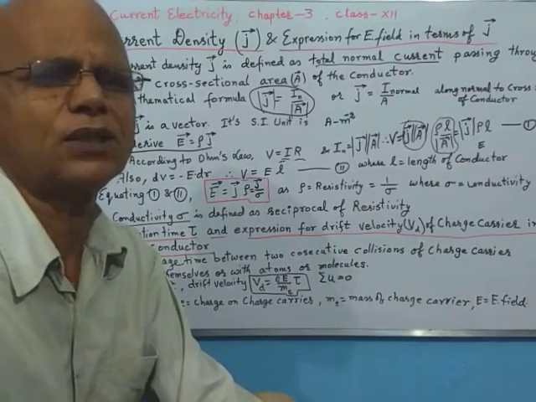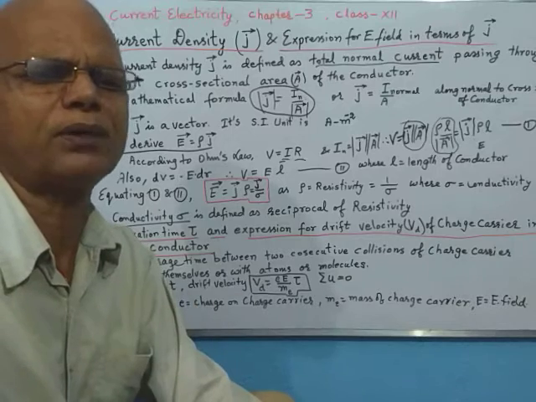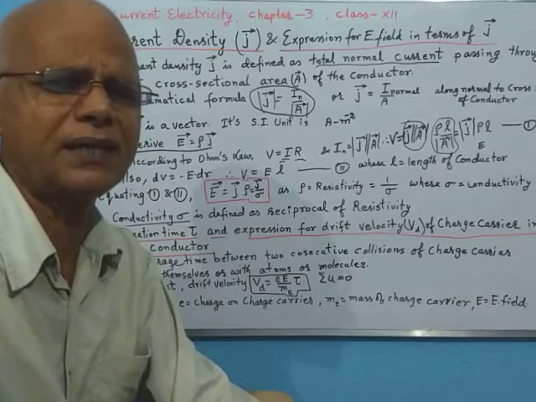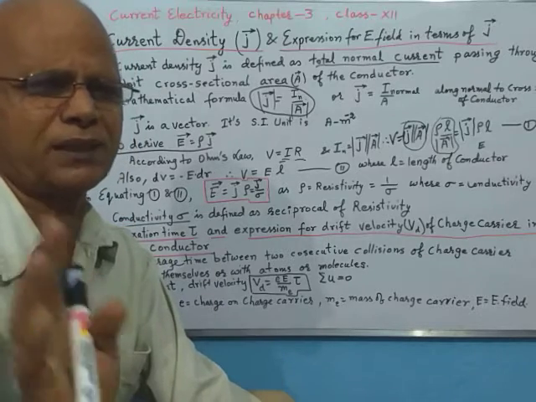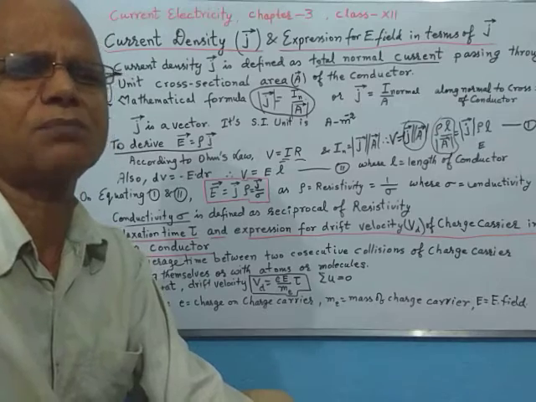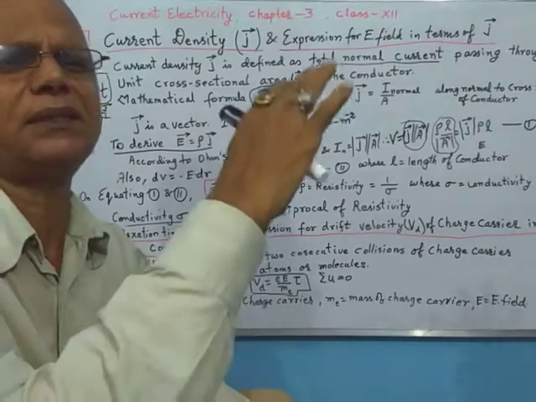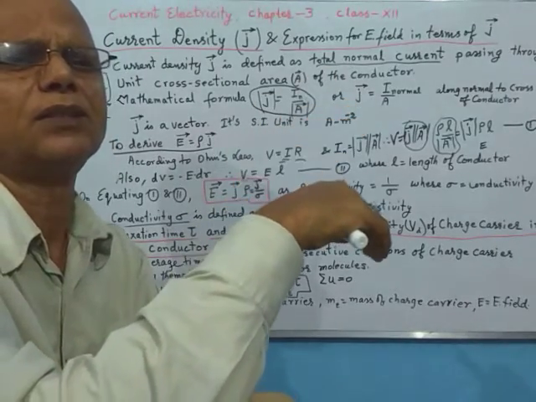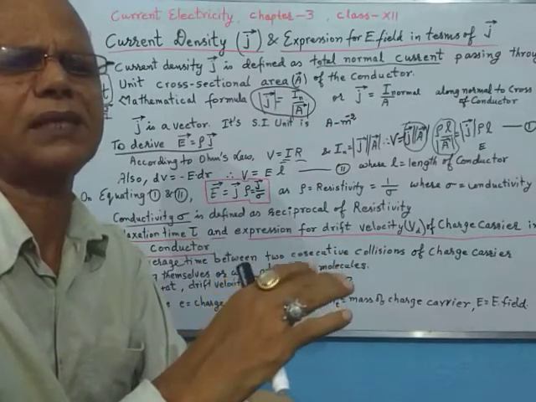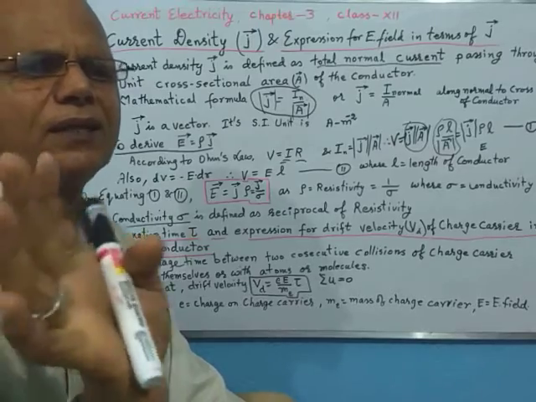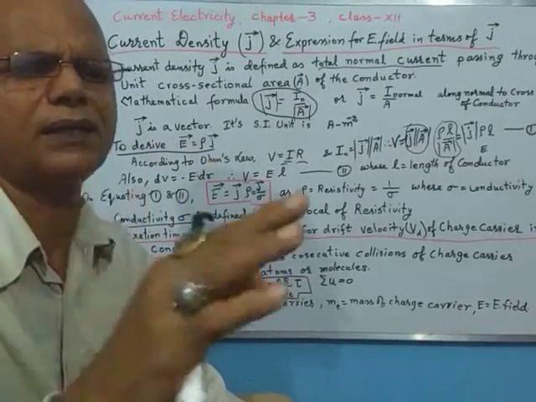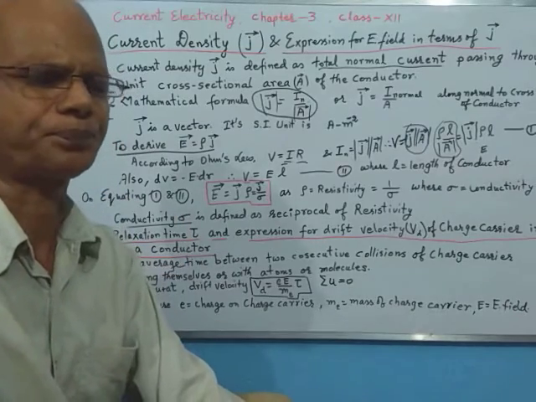This type of polarization of the conductor, when there is no external electric field applied across it, never takes place. So the average velocity of the charge carriers must be 0, meaning as many charge carriers are moving in one direction as in the opposite direction, so that no polarity is generated in the conductor itself.